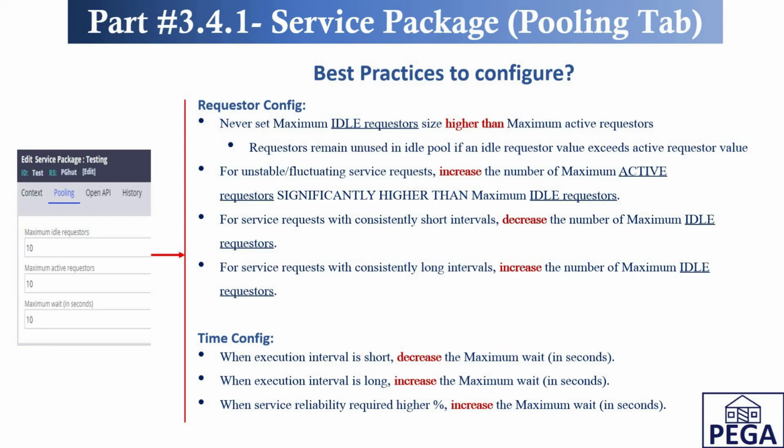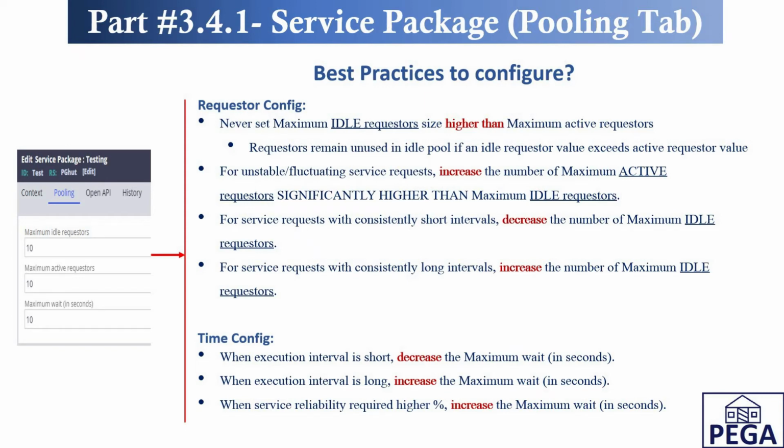So that's where you need to increase the wait time a little more, so that the services would not fail. So these are the configurations and best practices that we need to follow while configuring the polling tab. It all depends on the scenario, on what kind of business need you have. But before that, you need to understand what the significance of this field is and how it works. Then it will be easy for you to configure.